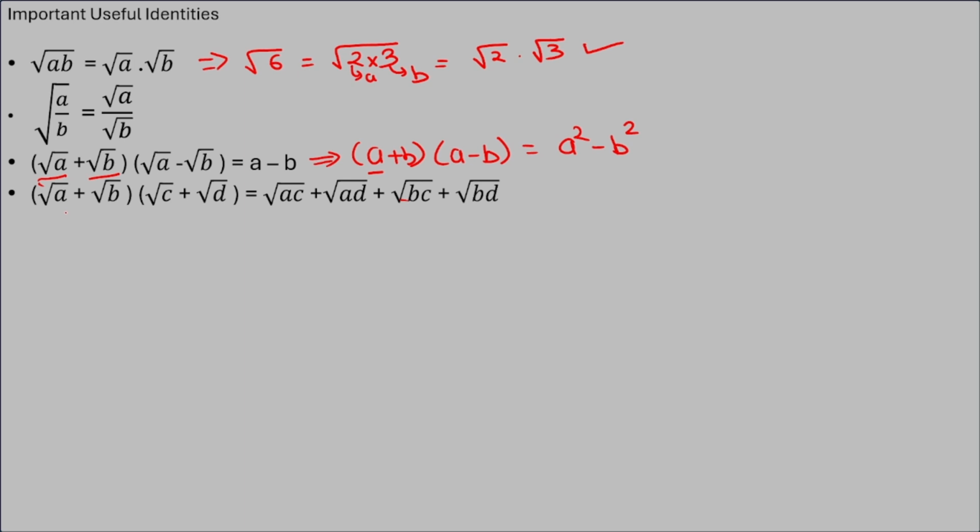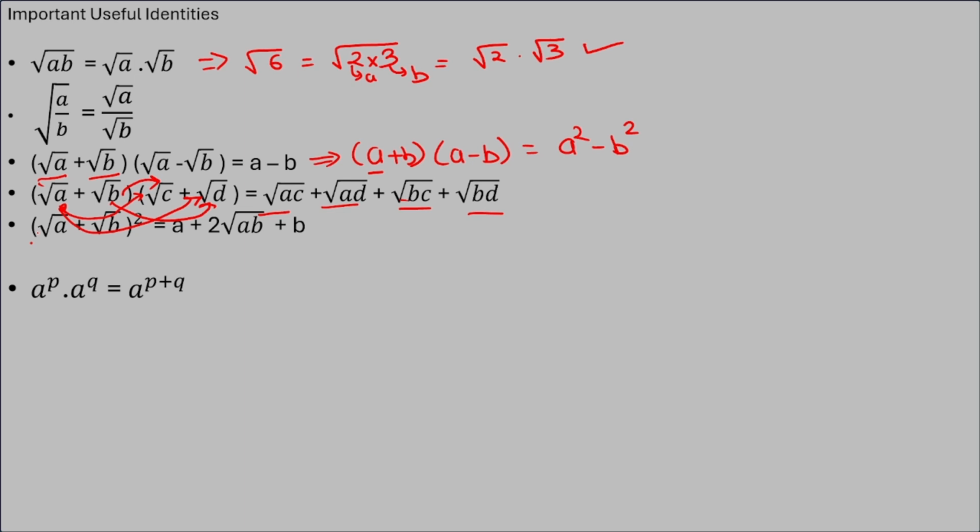Again the same thing we are doing. First term of this will multiply with first term of this. First term of this will be multiplied with second term of this. Second term of this will multiply first term of this, and second term of this will be multiplied with second term of this. Easy? Correct.